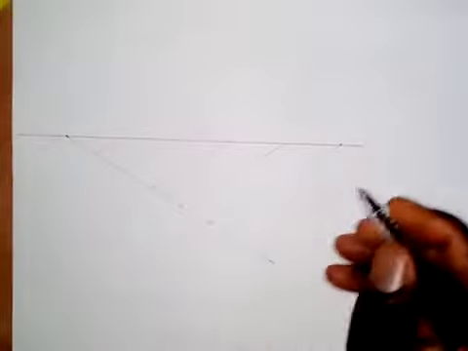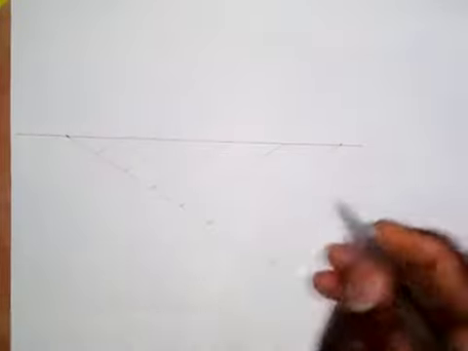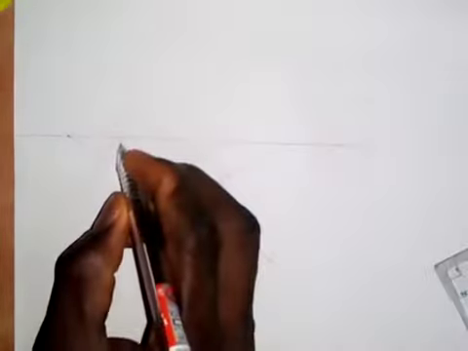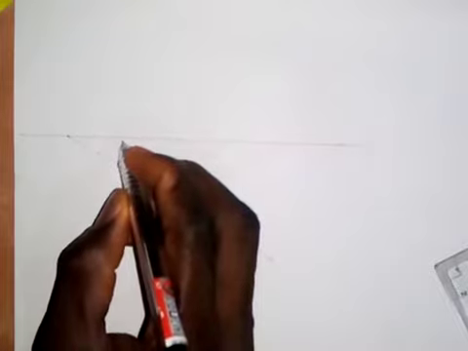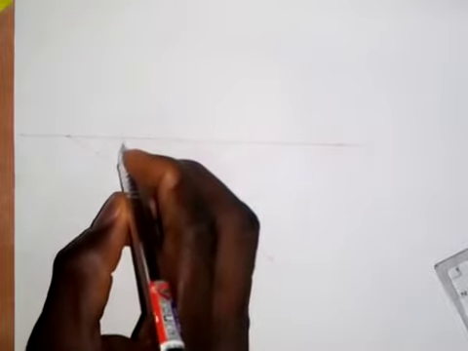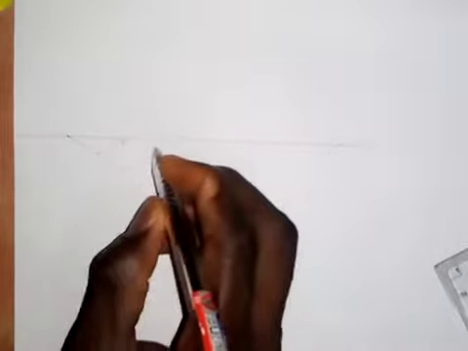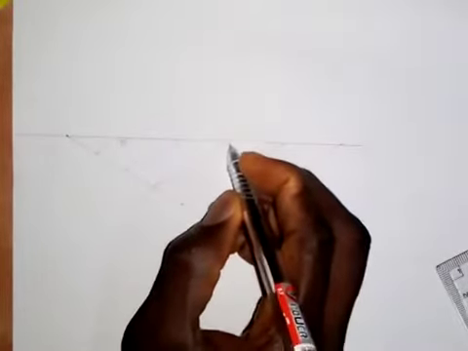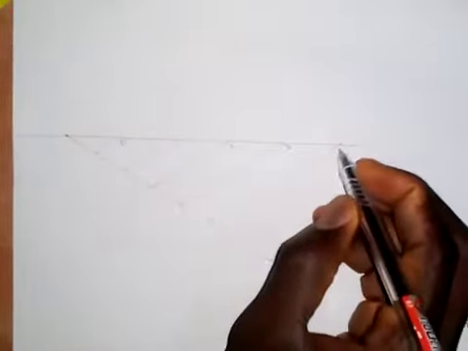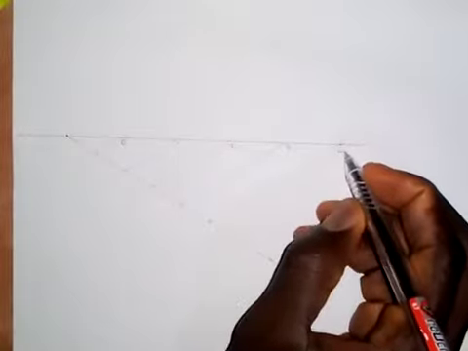So we have divided the line into 5 equal parts, and the next thing we are going to do is to number these points. The first point here, you number it 0. I will tell you the reason why we are doing that. Then this is 1, this is 2, this is 3, and this is 4. We are going to make this a rectangle of any width.